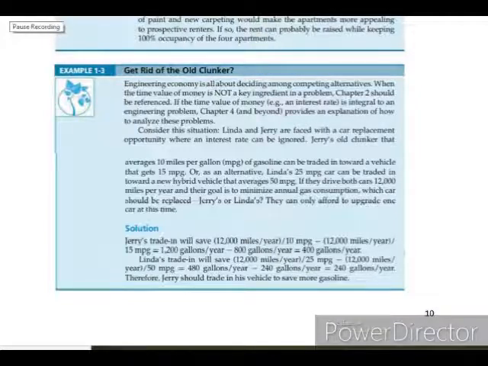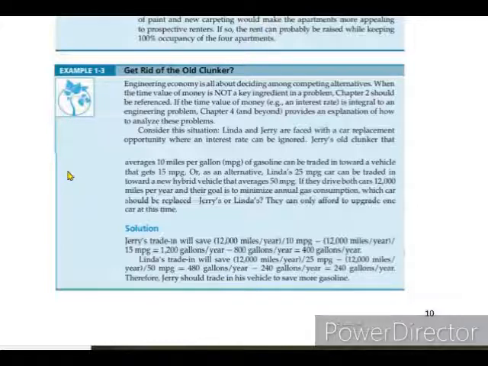So what is chapter 2? Chapter 2 is the next topic of this module, which is about cost concepts. If the time value of money is integral to an engineering problem, we can find it in chapter 4, which provides an explanation of how to analyze these problems.